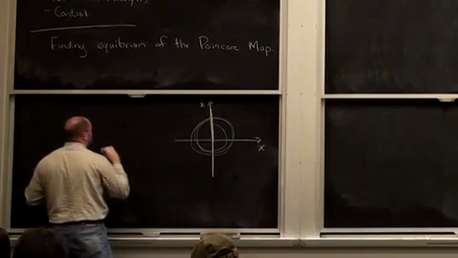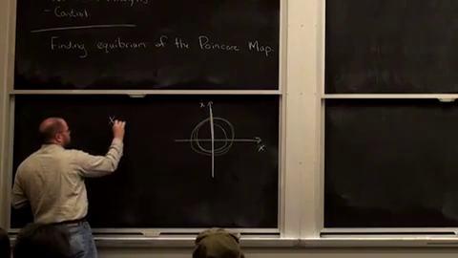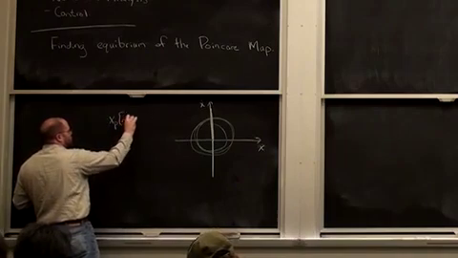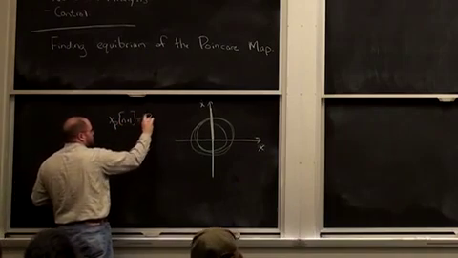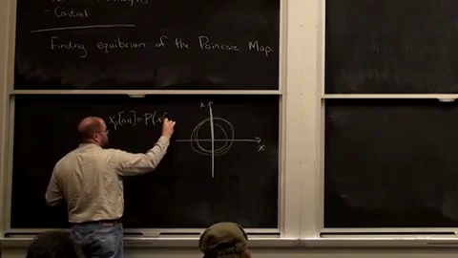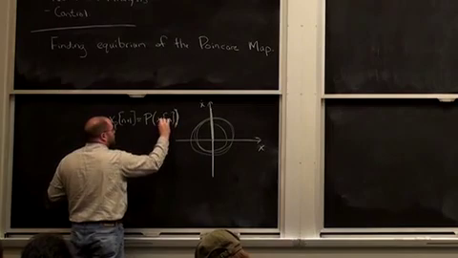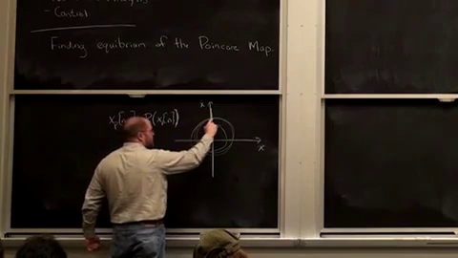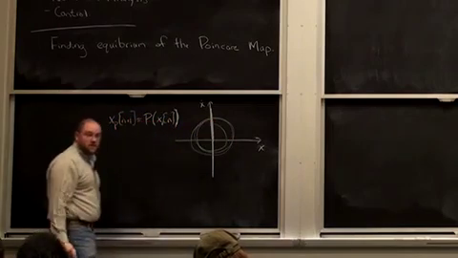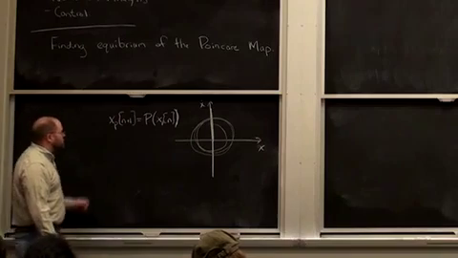Then I can build a Poincare map, some potentially nonlinear mapping from the nth crossing of the surface of section to the n plus 1th crossing.